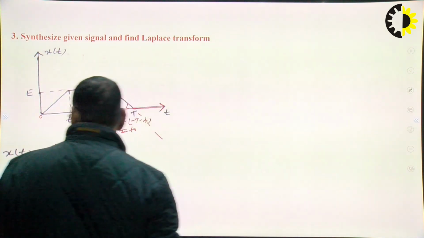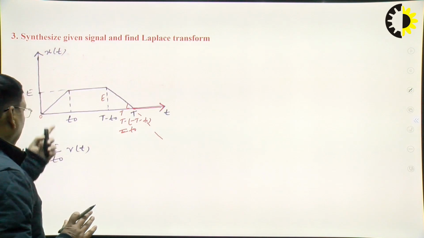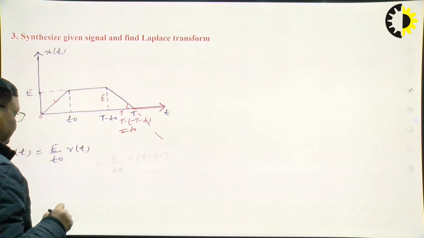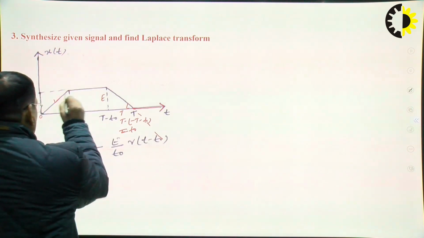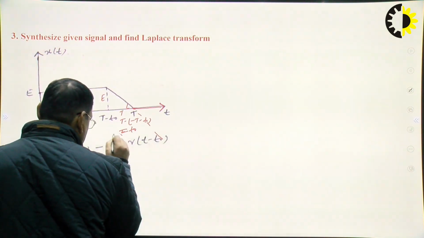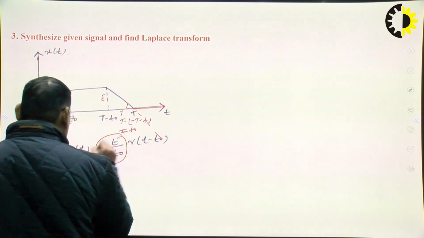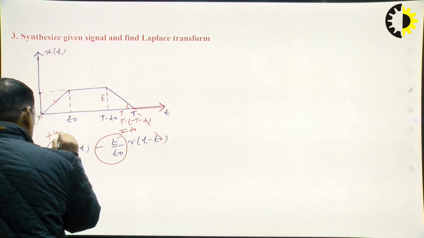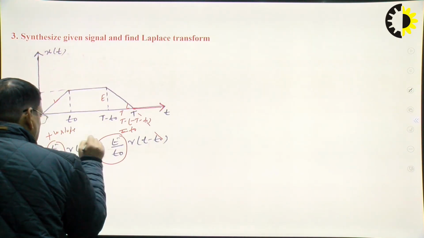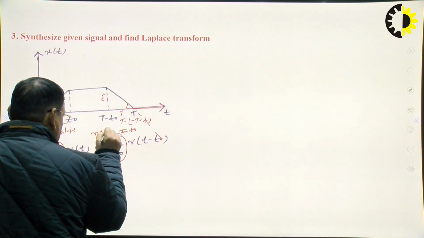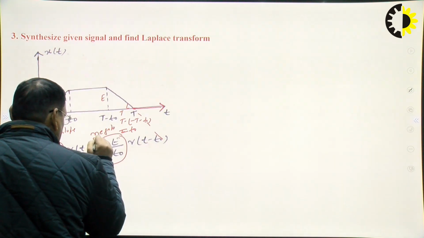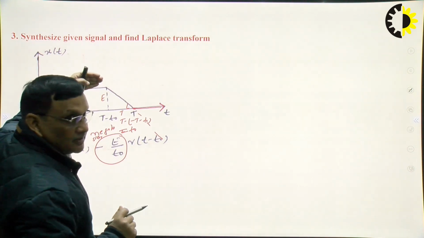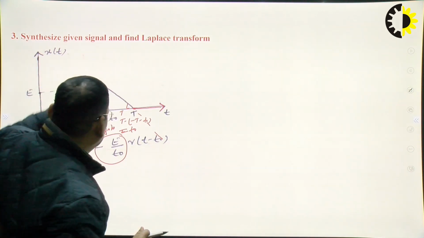So x(t) is equal to E by t0 r(t), the equation of this line. Here we have added a slope of negative E by t0, and here a positive slope, so the line becomes horizontal, or the slope becomes 0.